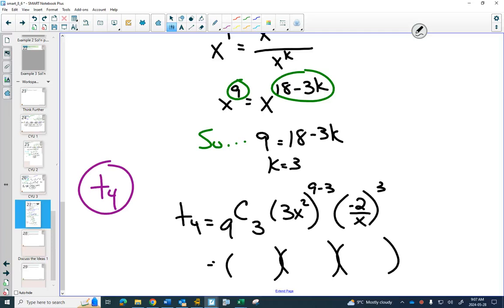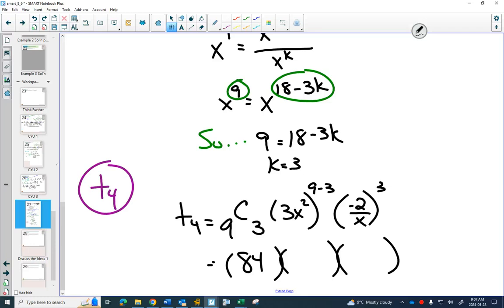So go to your calculator. Nine choose 3 is 84, and whichever scientific calculator you're going to be using for the exam, make sure you know how to do the combinations button on that calculator.